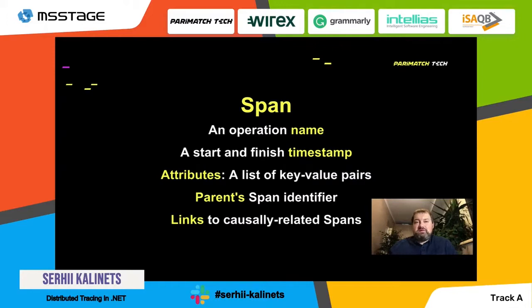It has some attributes with arbitrary data that you can then search through in tools like Jaeger, Zipkin and Splunk, for instance. It might have a link to the parent, because a span may produce other spans. If it's a root span, then of course it will not have any parents, but it can also have links to other spans that are somehow related to it.